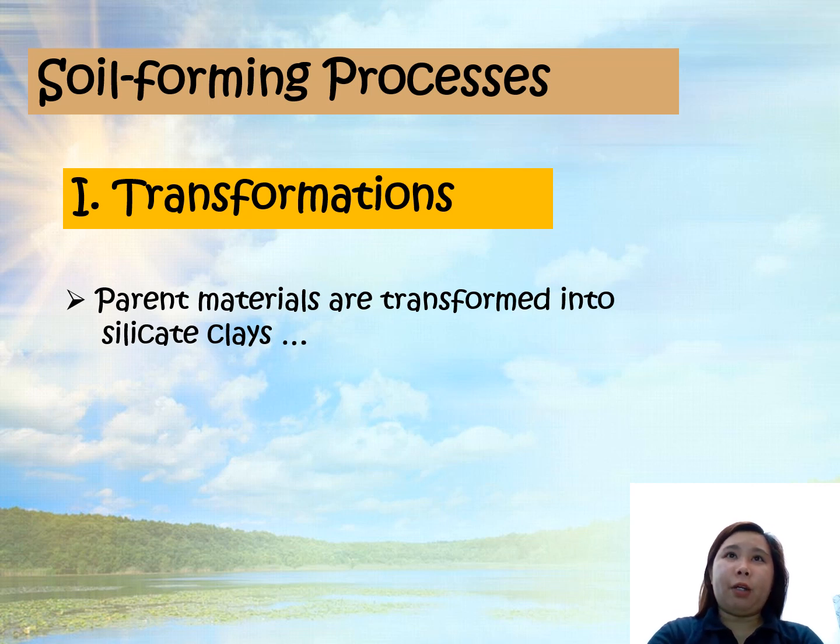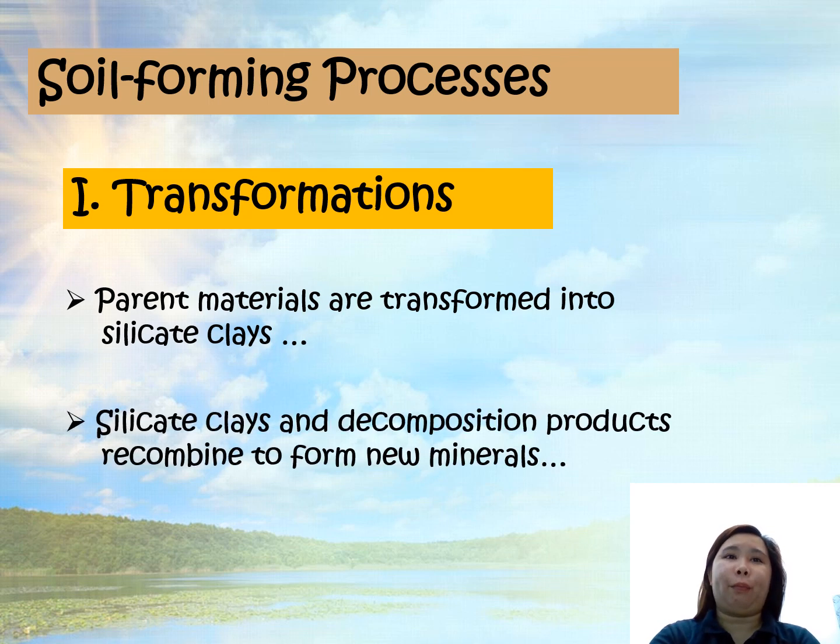The parent materials are transformed into silicate clays through chemical and physical weathering. And the silicate clays and the decomposition products recombine to form new minerals such as the hydrous oxides of iron and aluminum, or collectively called sesquioxides.